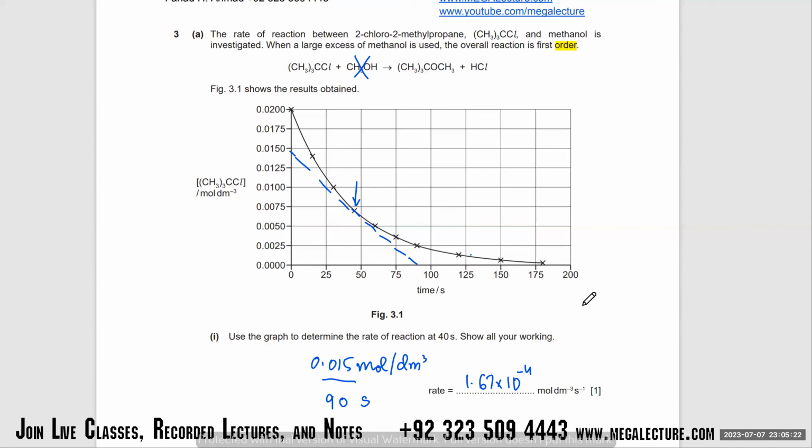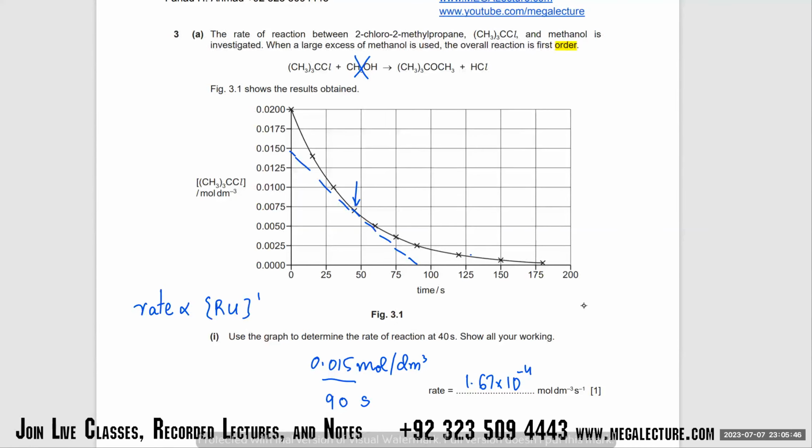But how do you figure that out using this graph? There were three ways, right? One was that you knew the mechanism. You don't know the mechanism.